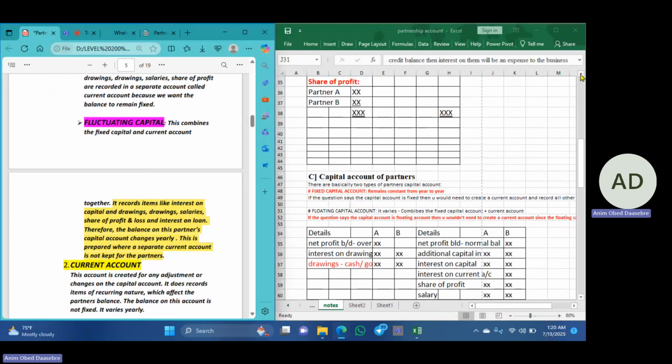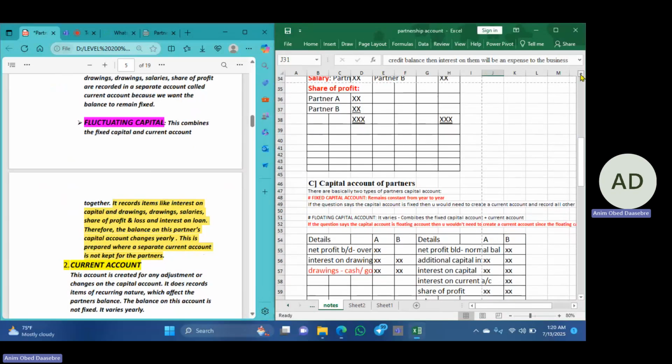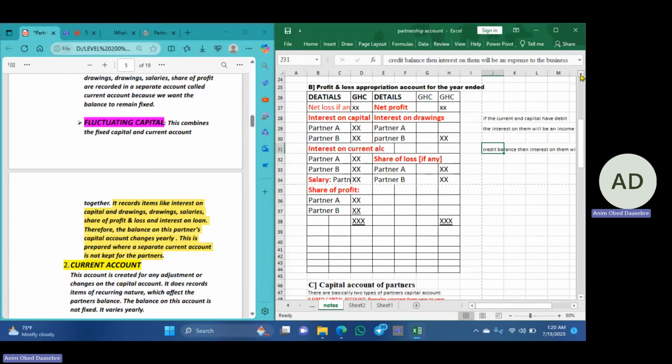So all the items that we recorded in the appropriation account, you are going to transfer them to the current account. So interest on capital is at the debit side of the appropriation accounts. In the current account, it will go toward the credit side.